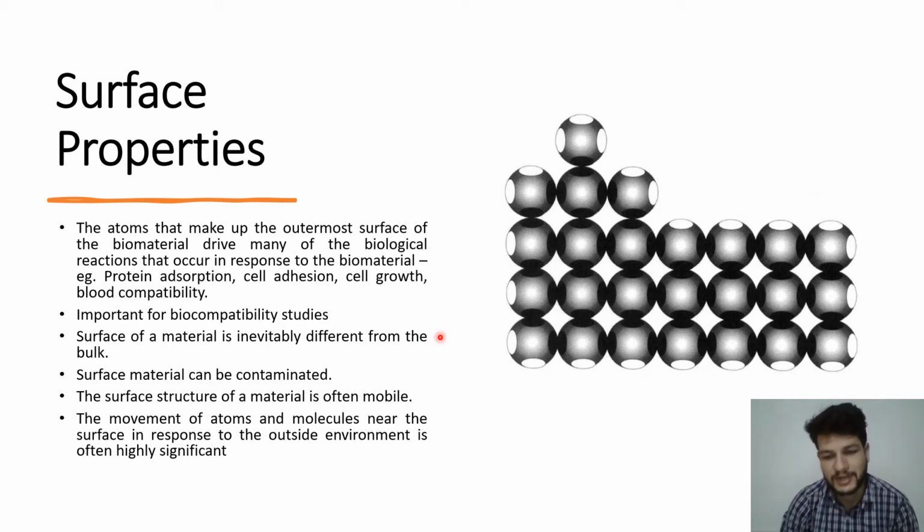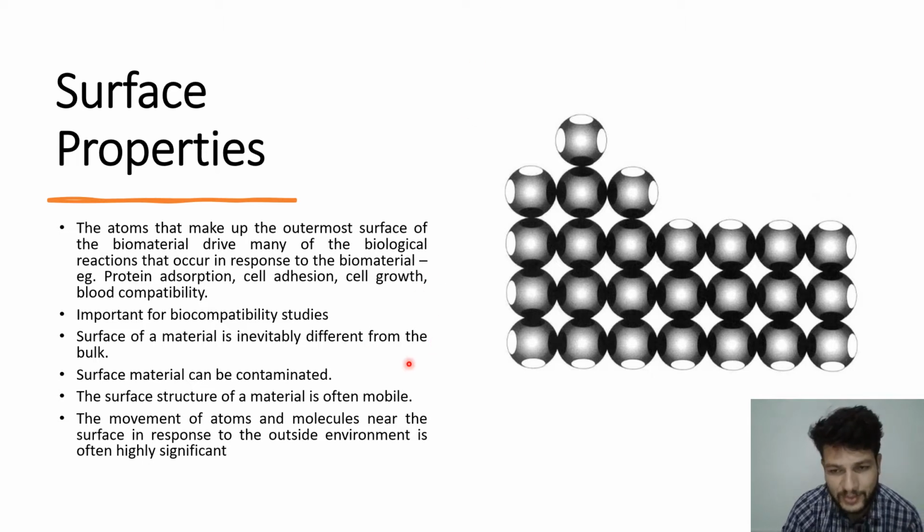Also, one important aspect of surfaces which is different from the bulk is that the surface material is often mobile. That means the atoms or molecules near the surface respond to the outside environment, and they can move and orient in different directions. This is highly significant in the case of surfaces, and it gives different properties to the materials.